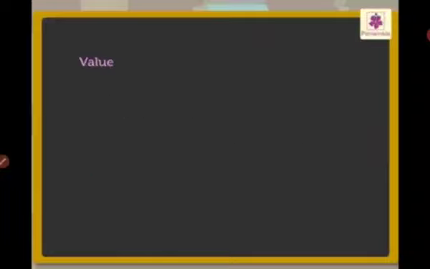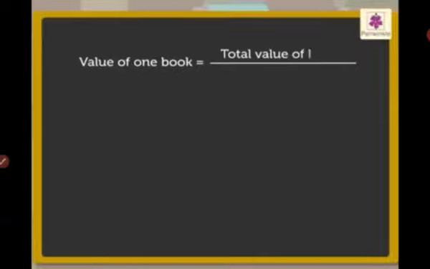Here we first need to find out the value of one book. To get it, we divide the total value of the books by the total number of books.